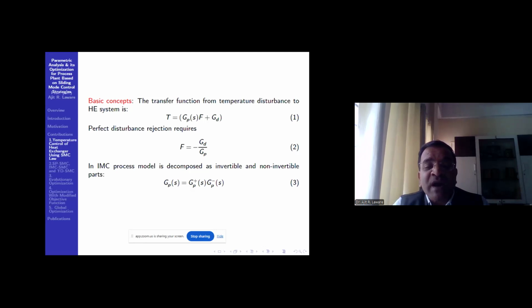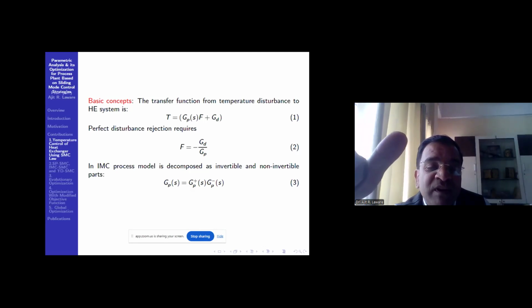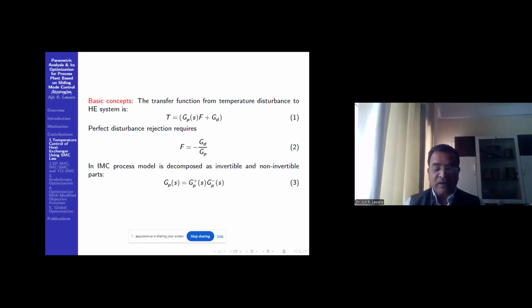So F equal to minus GD by GP. This is the perfect disturbance rejection model. And if you place equation 2 in equation 1, then T will be 0. And that is the perfect disturbance rejection.